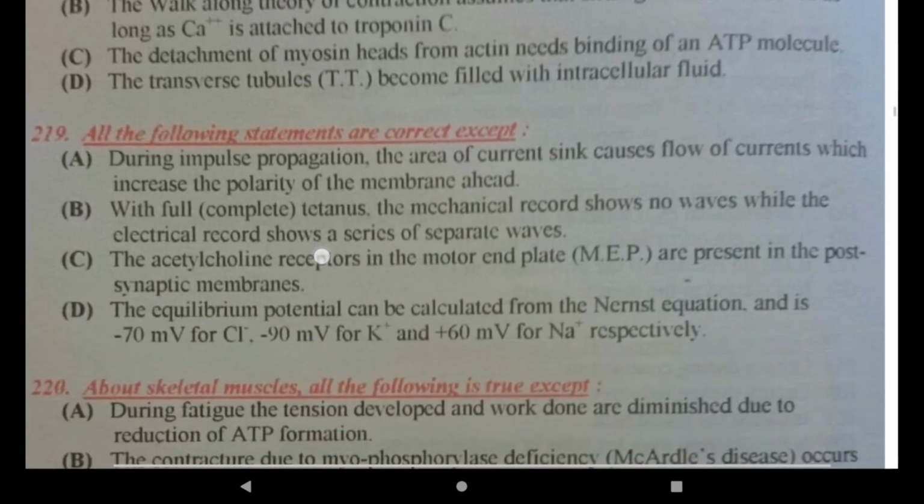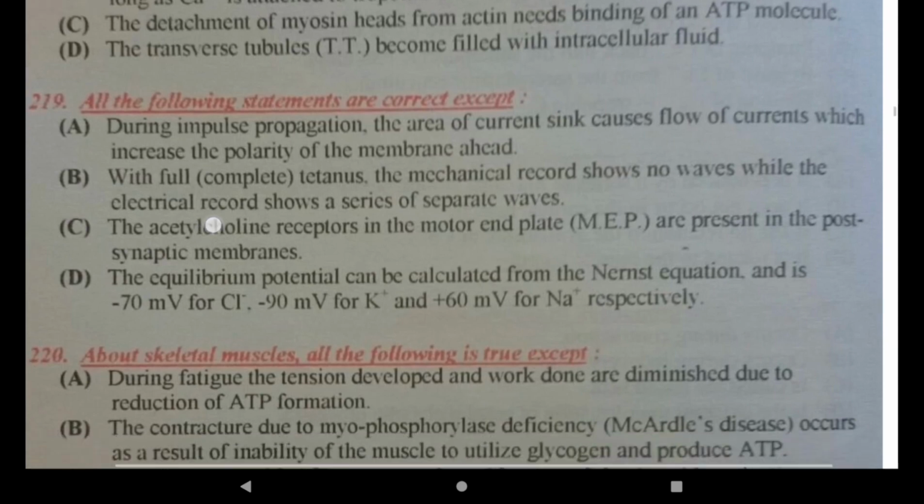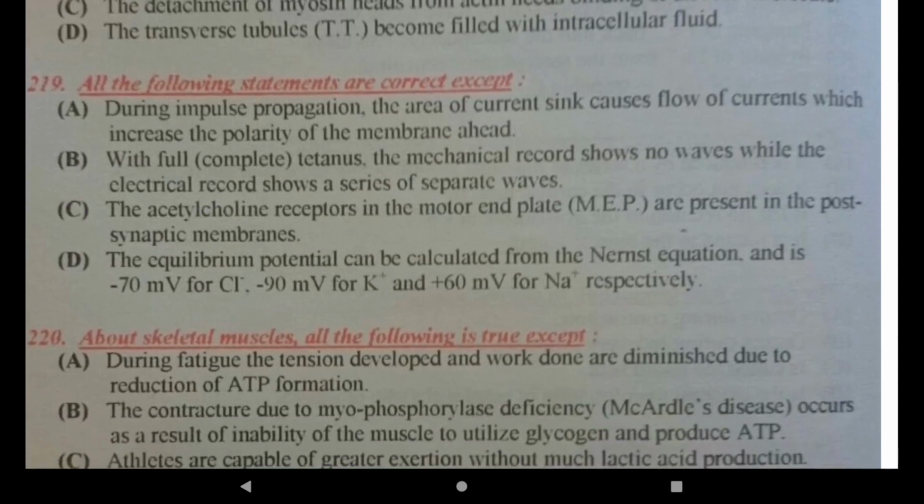All the following statements are correct except: A. During impulse propagation, the area of current sink causes flow of current, which increases the polarity of the membrane ahead. B. With full or complete tetanus, the mechanical record shows no wave, while the electric record shows a series of separate waves.